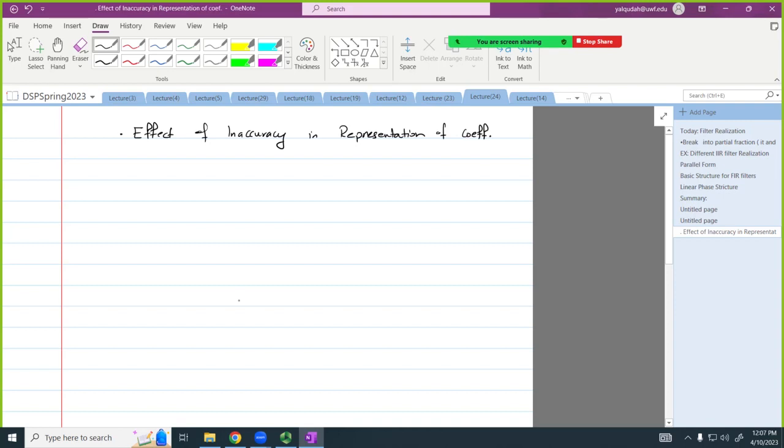Now we're going to consider the quantization error.